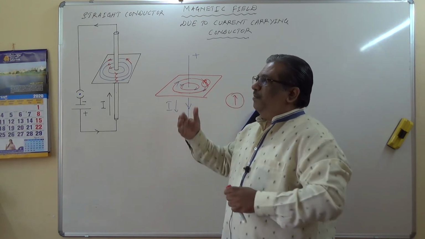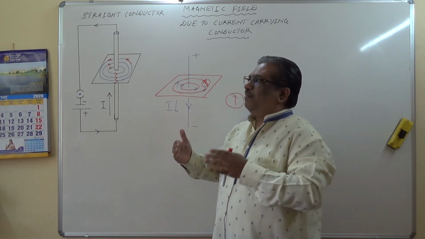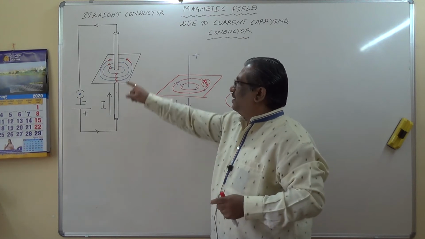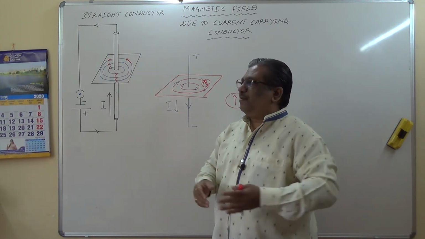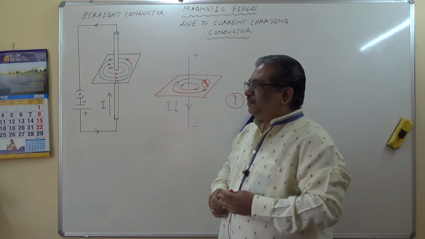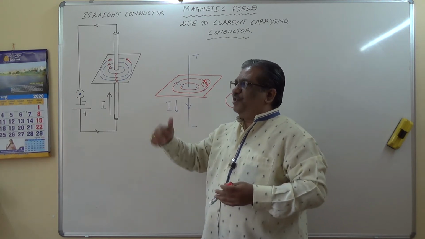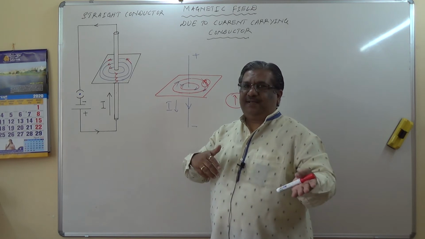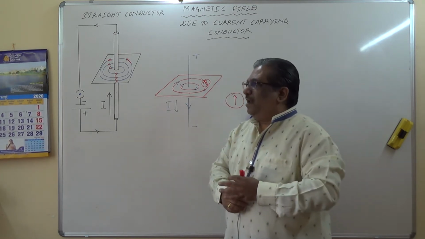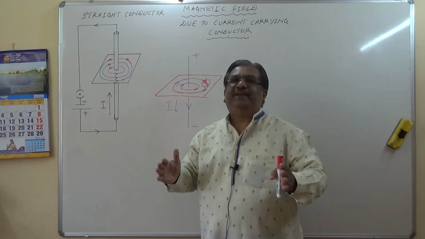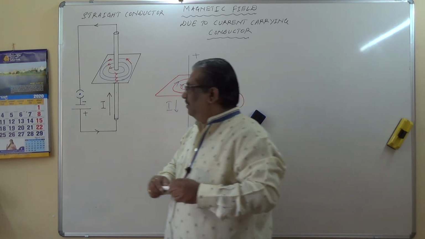Second point, magnetic field lines are in the form of concentric circles. Yes, magnetic field lines around a straight conductor are in the form of concentric circles, the direction of which can be given by either a compass or the right hand thumb rule. Yes, both we studied. Now, what is the magnitude of the magnetic field?